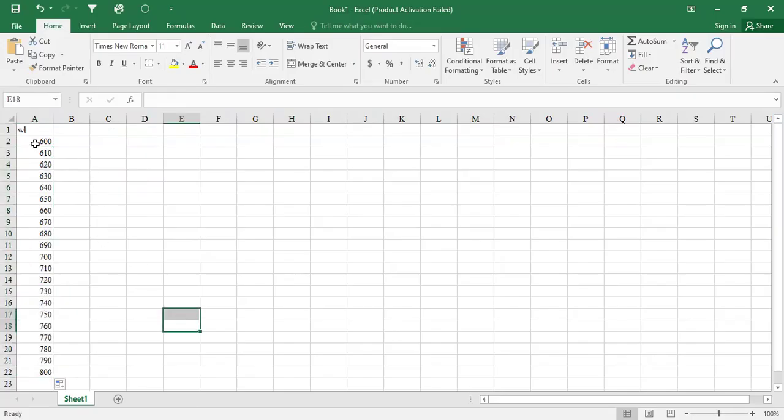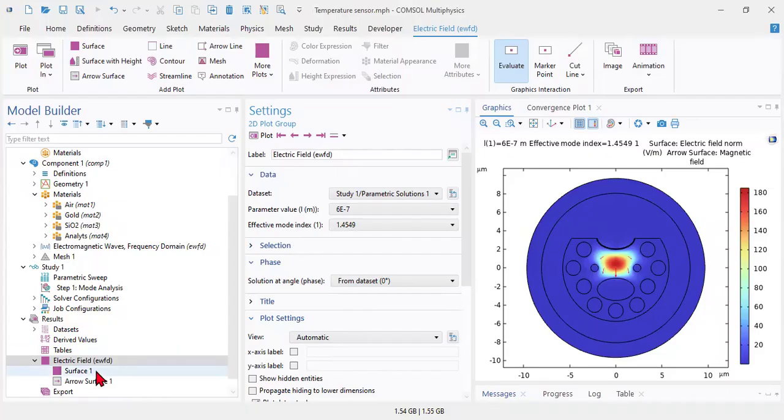So we need a wavelength from 600 nanometer to 800 nanometer, and then this will be the effective mode index for temperature 20 degrees Celsius, right? And this will be the confinement loss for temperature 20 degrees Celsius. Initially, we need this kind of thing.